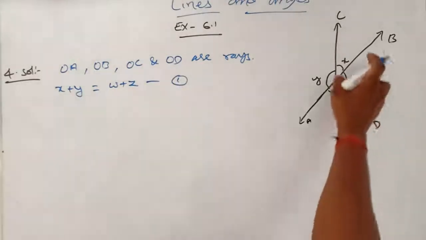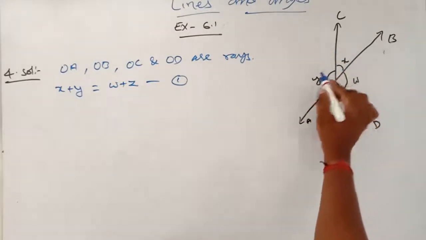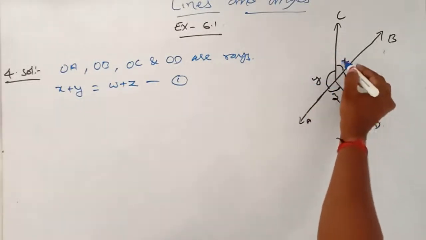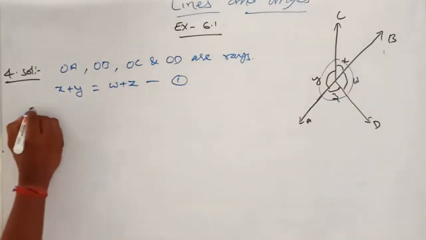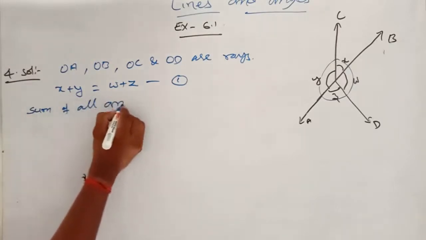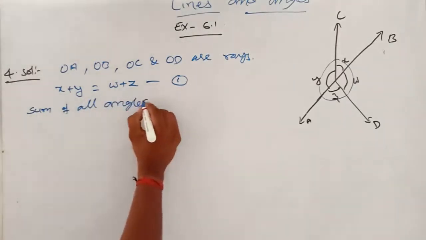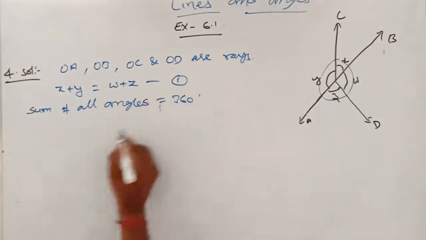Now clearly we know the sum of all the four angles is 360 degrees, because angle x plus y plus z plus w is equal to 360, because it is forming a circle here. That is, the sum of all angles is equal to 360 degrees.